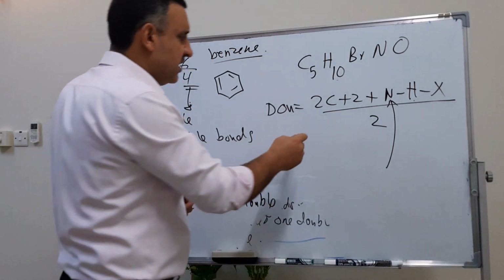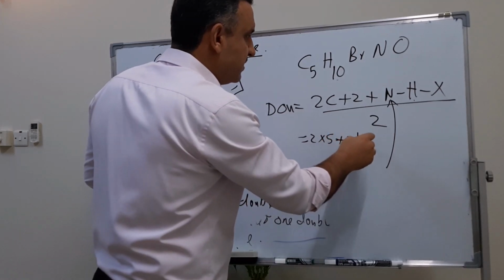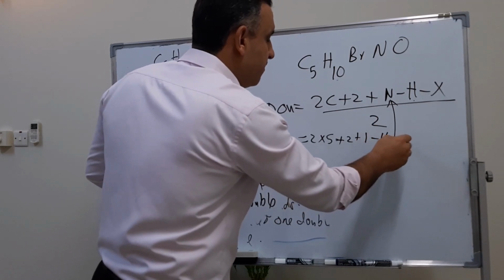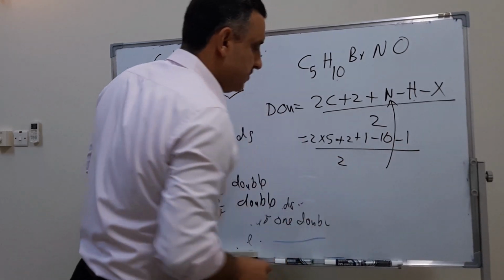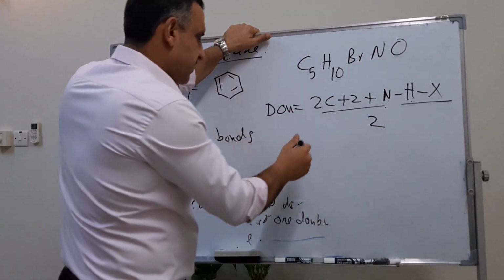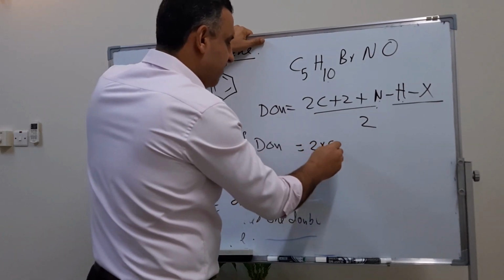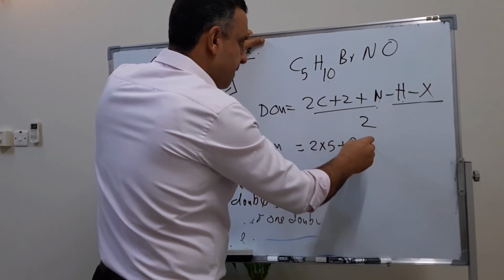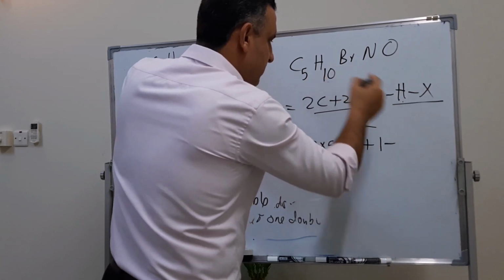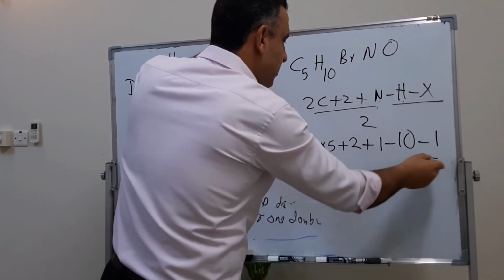Let's just calculate it for this. It will be 2 times 5 plus 2 plus the nitrogen, 1, minus the hydrogens, 10, minus 1 for the halogen, over 2.